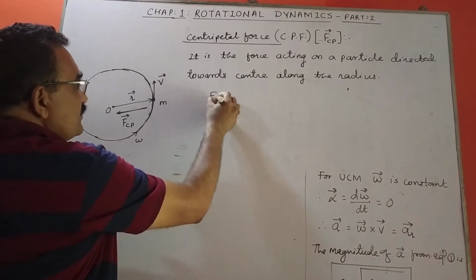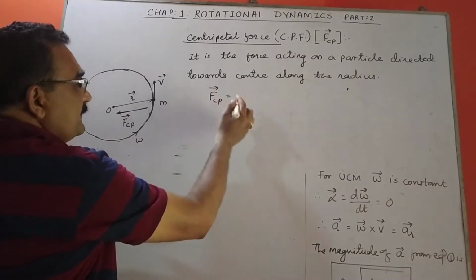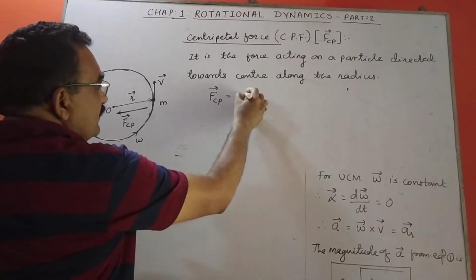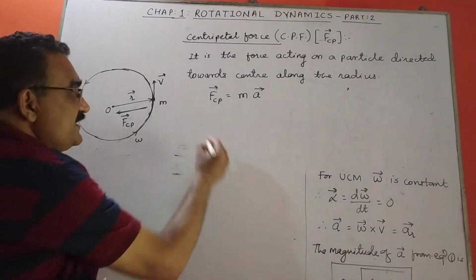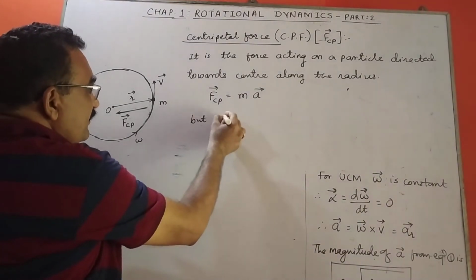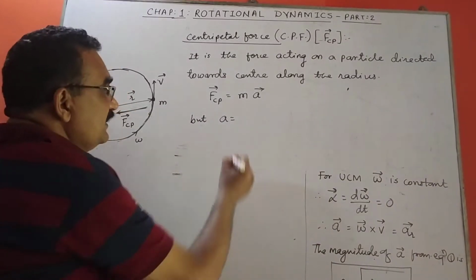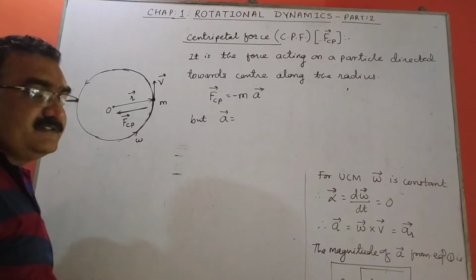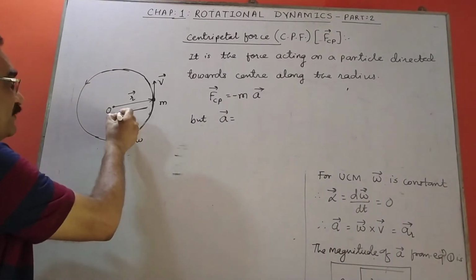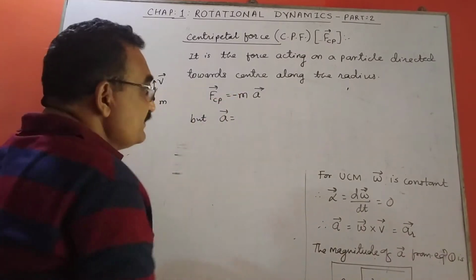This force in terms of vector, by Newton's second law, is equal to ma. But what is a? We can express this a in terms of omega. Here there is a negative sign because the force is directed towards the center and the radius is away from the center, so there is a negative sign.